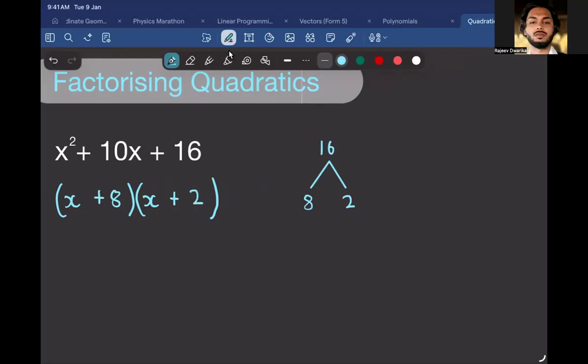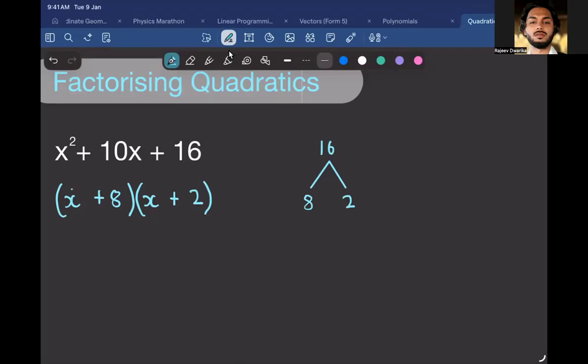And if you want to check if your answer is correct, do you remember how to expand quadratics? I can't remember. Avinash, you had to lock in. I'm just going to show you one example.